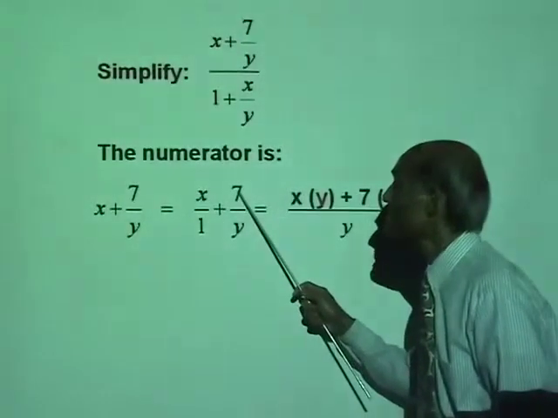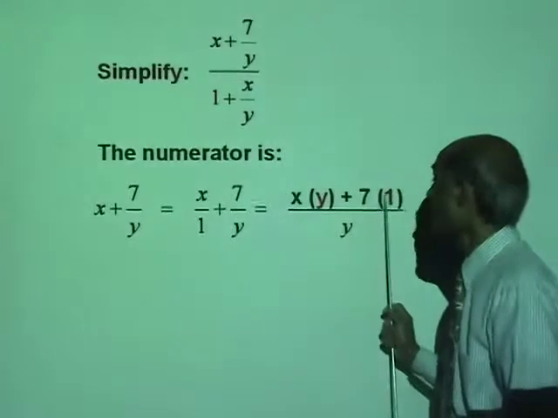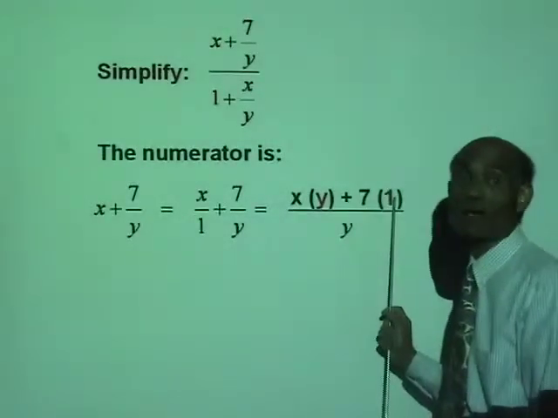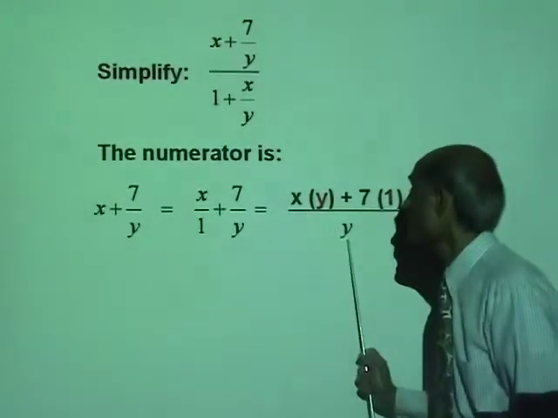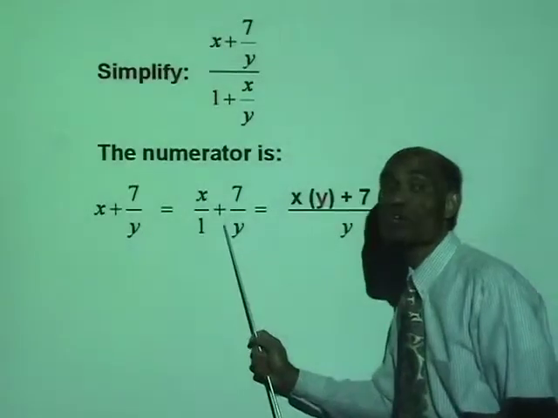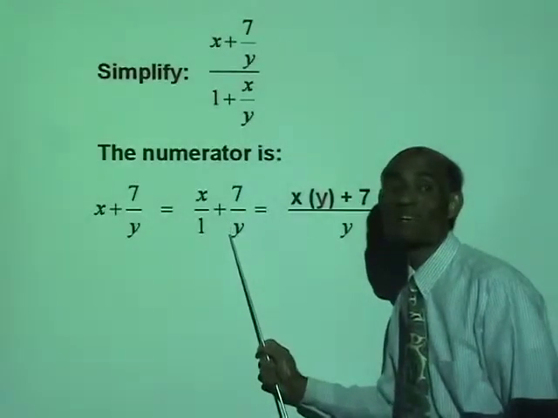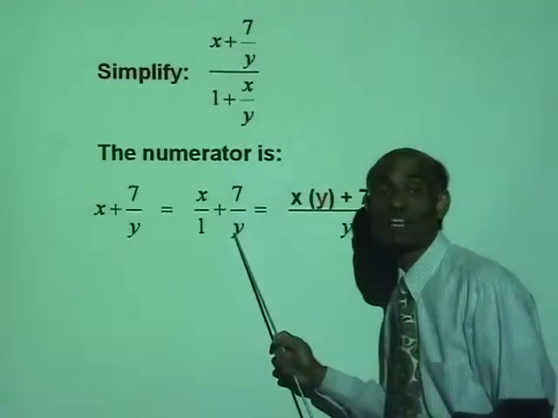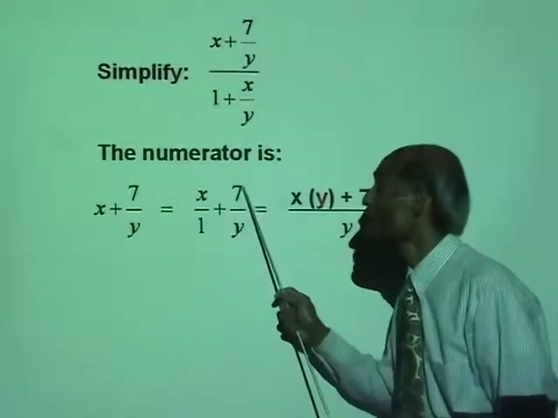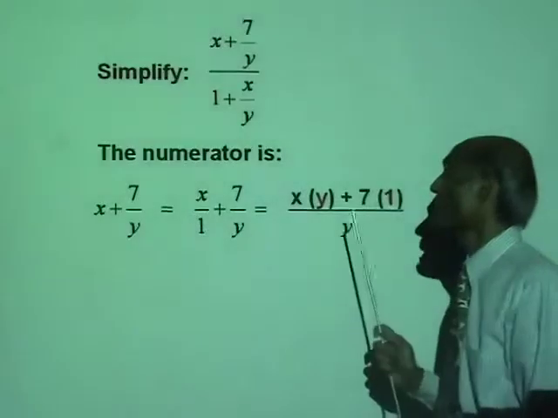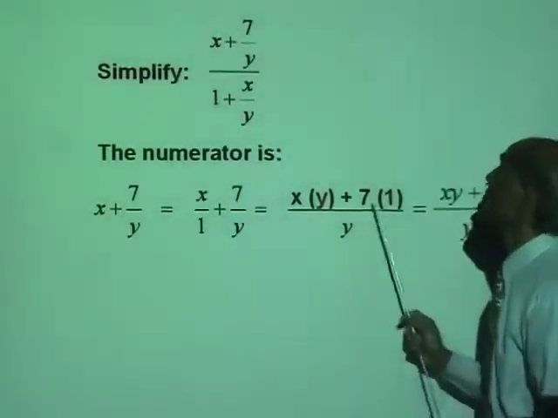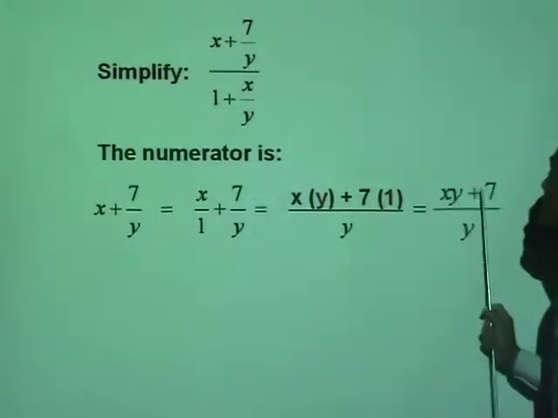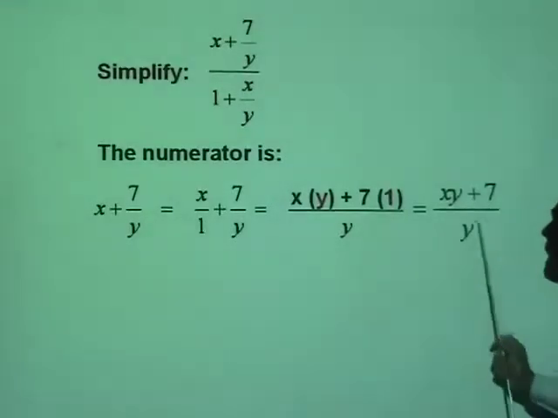And this plus 7 will be multiplied by 1. Why the 1? Because from the LCD there is no factor missing in here. The LCD itself is that denominator. So multiply that 7 with 1. And that gives us xy plus 7 over y.